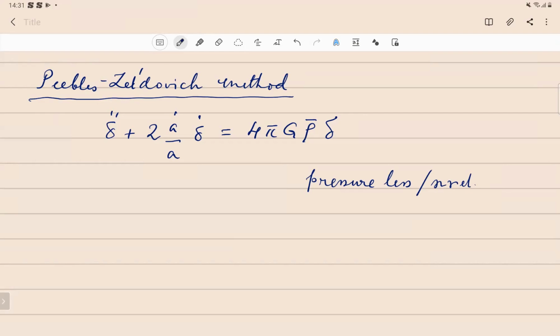That's the first thing. The second is we are also looking at linear theory, so our fluid equations have been linearized to first order in the fluctuations. And the third is we have, for the time being, ignored any form of pressure. So we are looking at pressureless matter, or non-relativistic, or we are assuming very long mean free path.